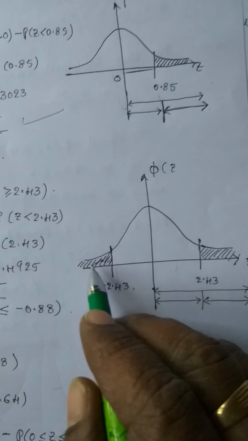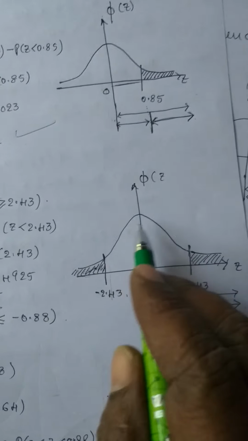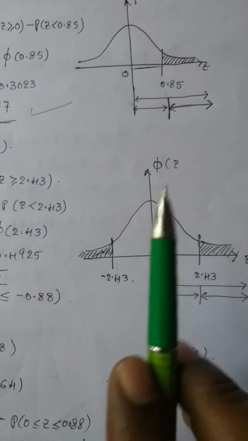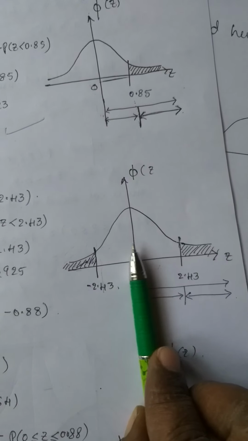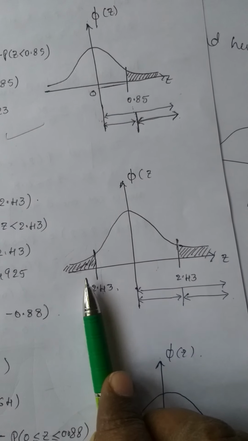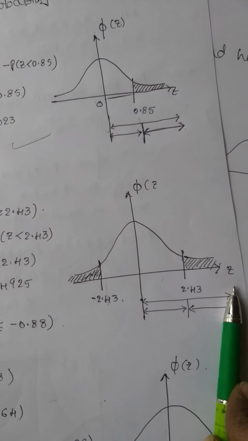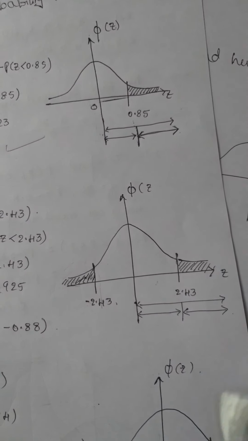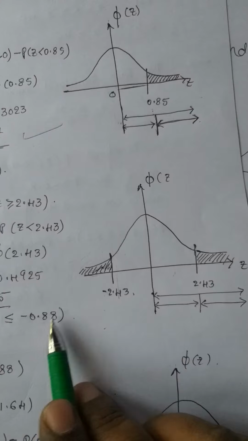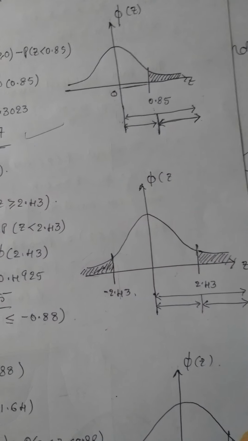Now, since the bell-shaped curve is symmetric, it exactly divides this line by 2. So this region is the same as 2.43 and above. Correct? From minus 2.43 onwards and 2.43 onwards, it's the same.